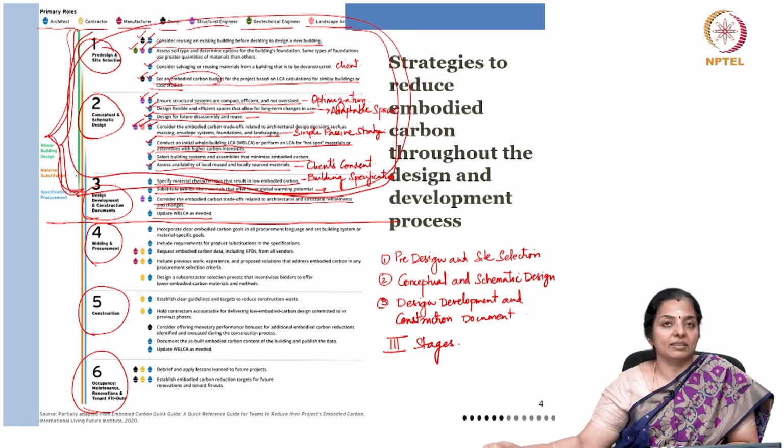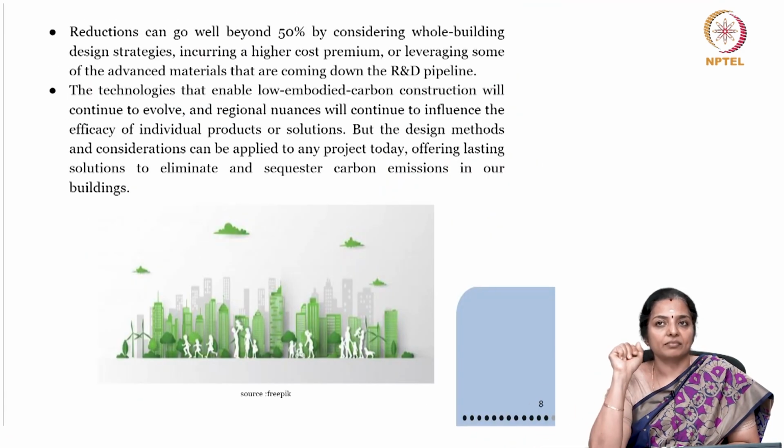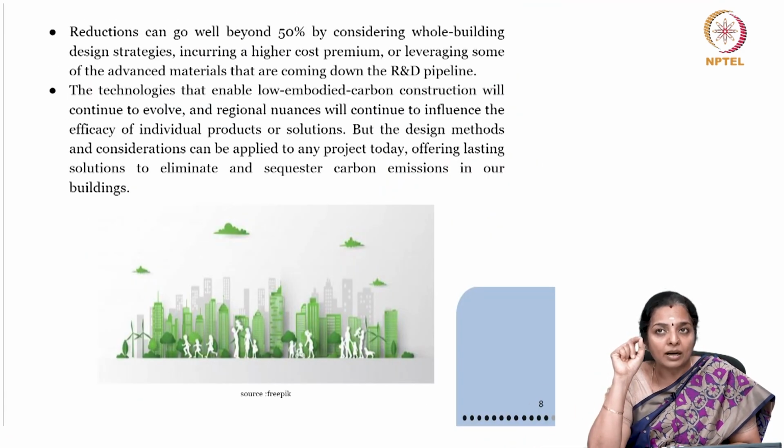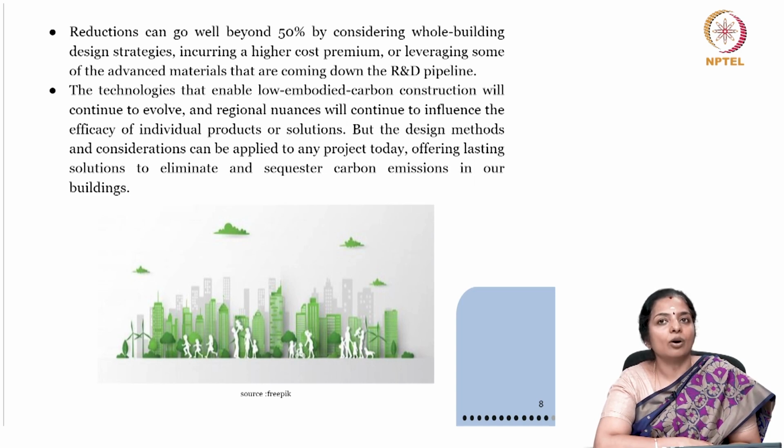That is the power. Where you have to work meticulously with whole building design strategies, incurring a higher cost premium or leveraging some of the advanced materials that are coming down the R&D pipeline.